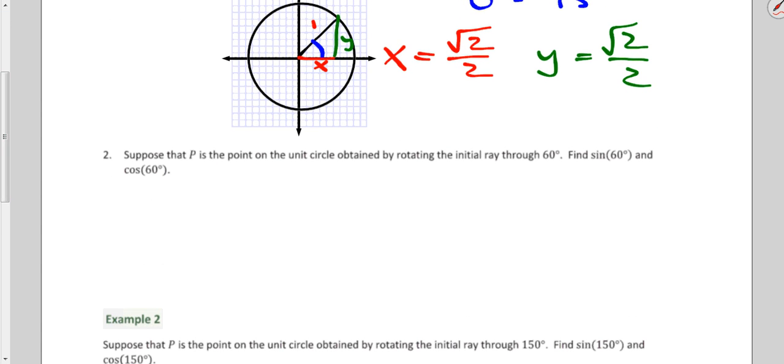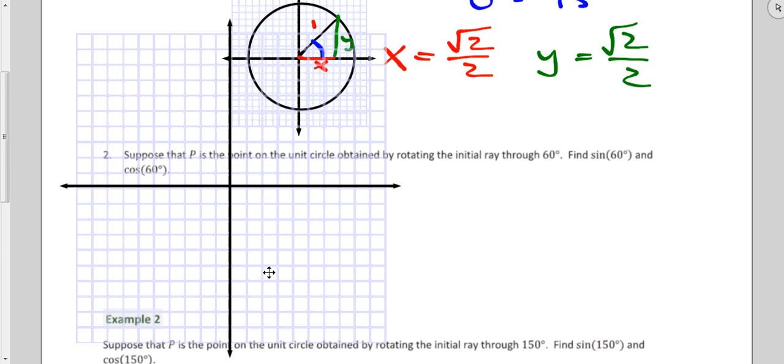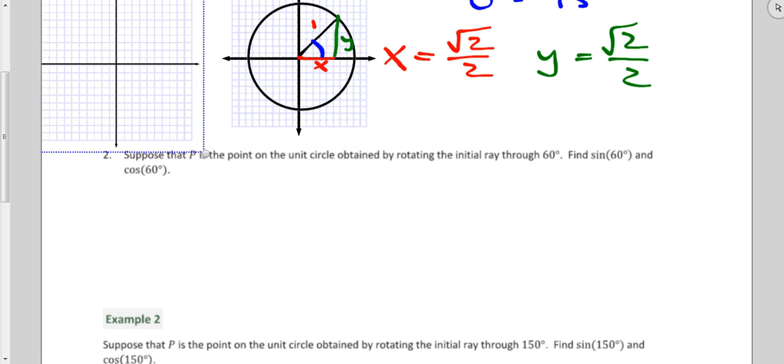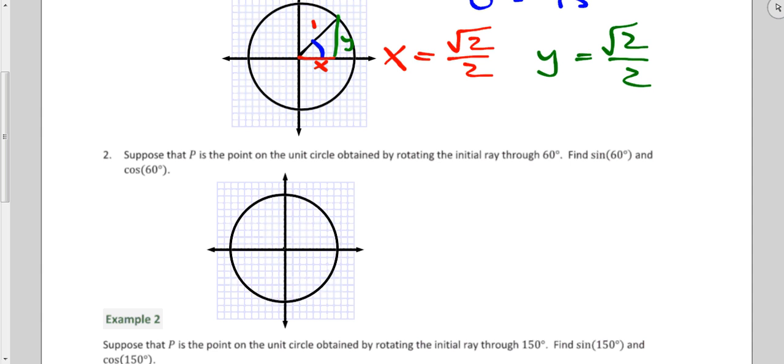Number 2 is the same thing, except we want that initial ray to be at 60 degrees. So now our initial ray is 60 degrees. Again, my hypotenuse length is 1. I'll do the big side in green, small side in red. Small side is x, big side is y.